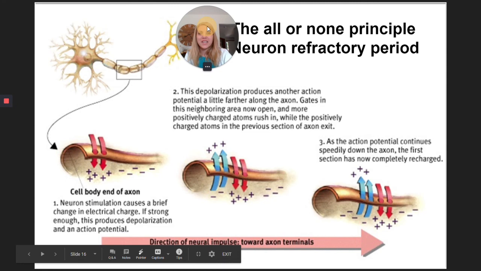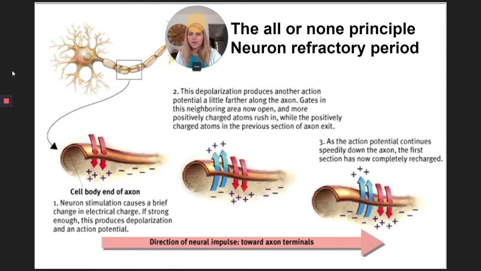I'm going back to my diagram before because I also want to mention something else about how neurons are going to work and how this firing process is going to take place. We talk about, like in physics, when we look at potential, right, that neurons are going to have a resting potential where they are waiting for that action potential to come along.